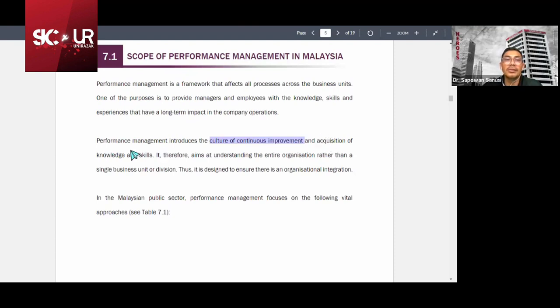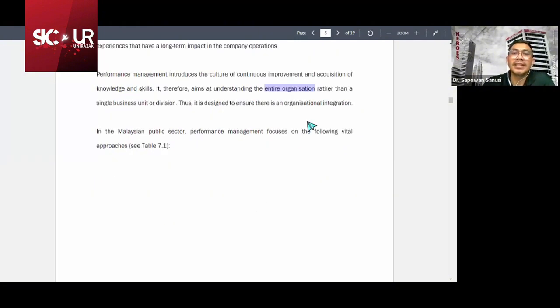We execute the knowledge and skill to understand the organization rather than the single business or division. When we put the entire organization first, we go to one of the characteristics of being a strategic human resource. The decision making should cover the entire function of the organization rather than the single business or division. That is the word integration.